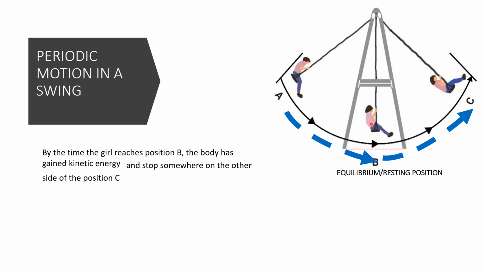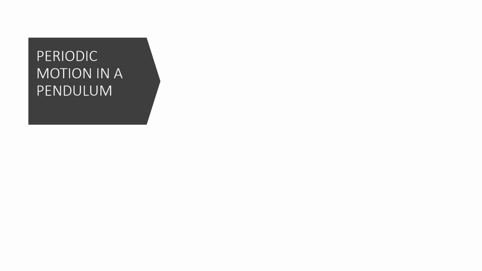The role of our restoring force is to move the object to its equilibrium position. But when she is at the equilibrium position, the object will gain kinetic energy, so she moves to the other side. That is what happens. That's why there is periodic motion in a swing.